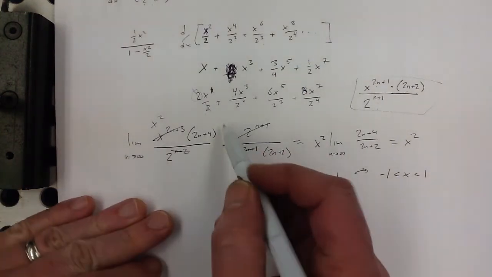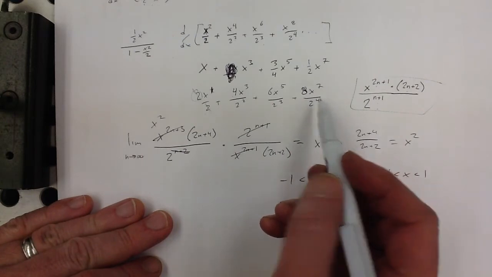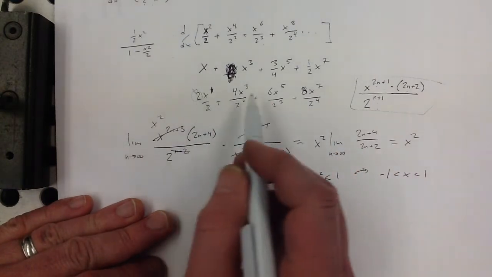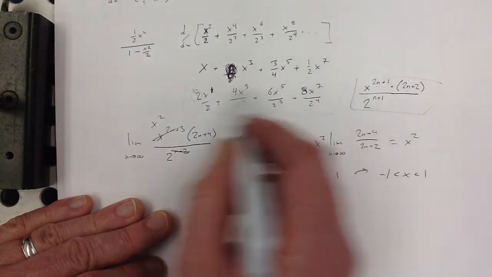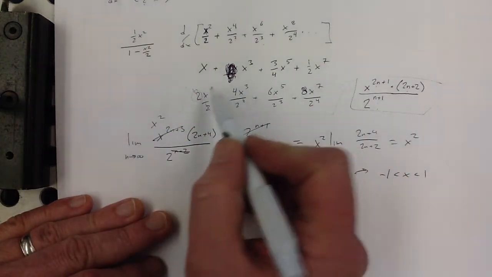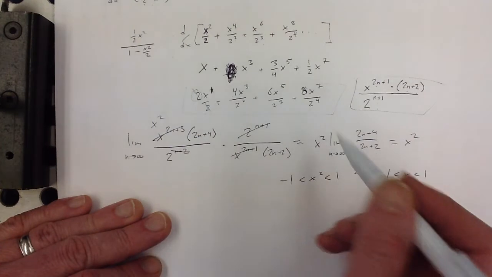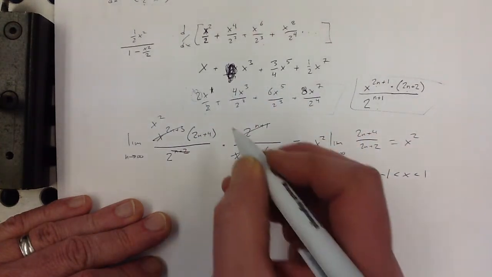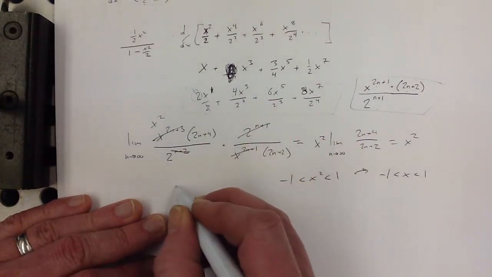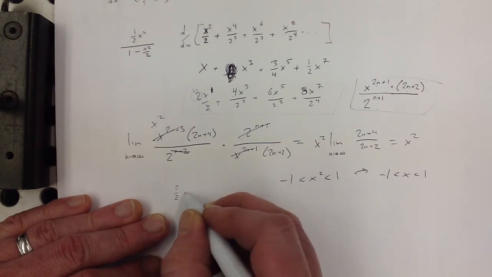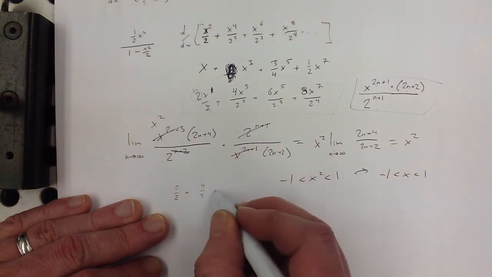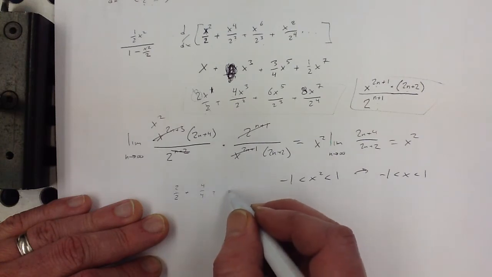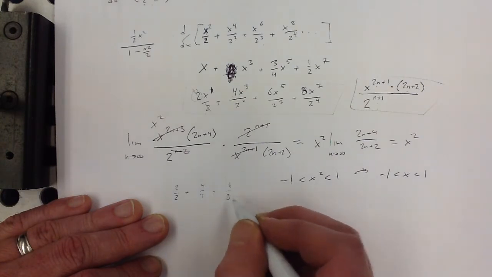If I plug in 1 into this, what do we get? Plug 1 into, I guess we should probably plug it into this version so we can kind of see what's happening. It looks like we are getting, let's see, that would be 2 over 2 plus 4 over 4 plus, we're just going to get the coefficients, 6 over 8.